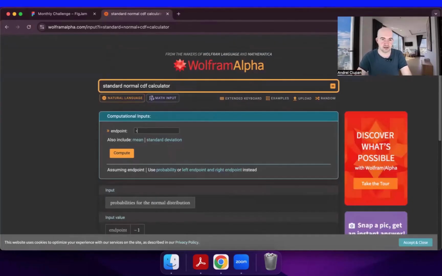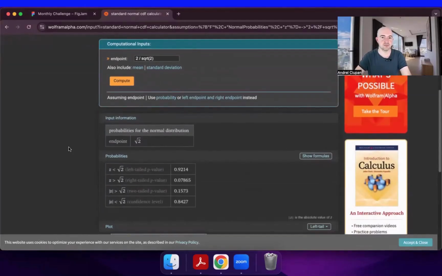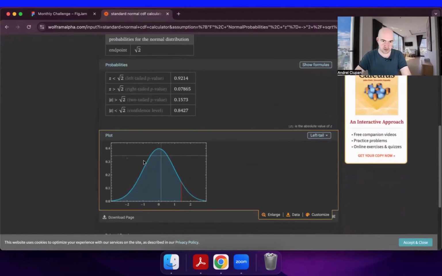Okay, so let's do the normal CDF for 2 over square root of 2. Super. We need to calculate this probability, right? This is what we're asking it. And this is how we can view this graphically.